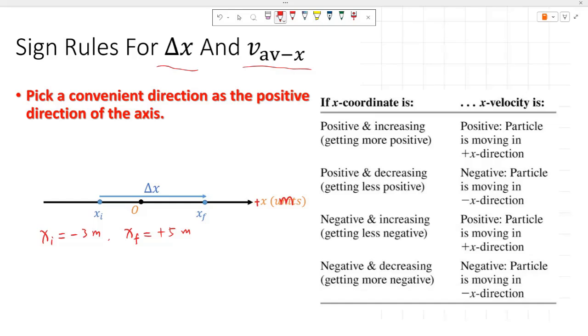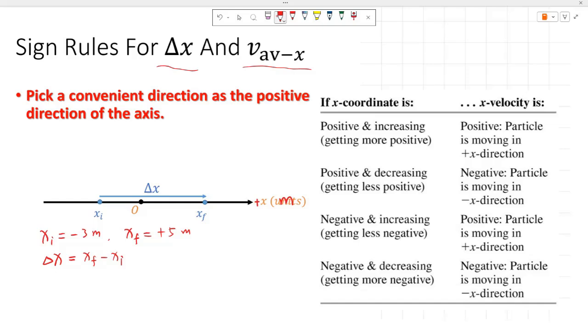Now, to compute its displacement, we do x of f minus x of i. Now, the order is very important. So remember that the delta symbol, which is the little triangle in front of x, is always asking us to take the final value of this quantity minus the initial value of this quantity.